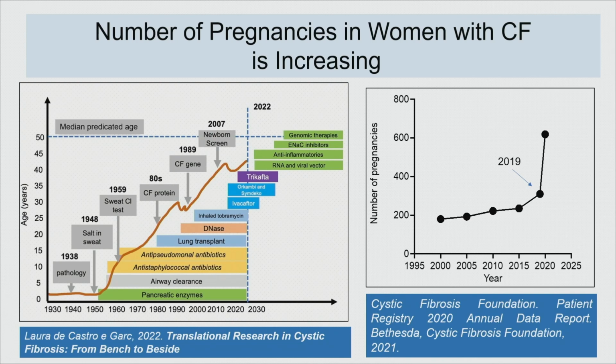From the left figure, we can see that in 2009 about 300 people reported being pregnant, but only about a decade later, in 2020, the number almost doubled to about 600. The number is great, but from the clinical perspective, I think there are some concerns about the therapy.